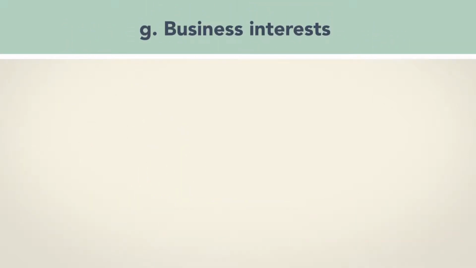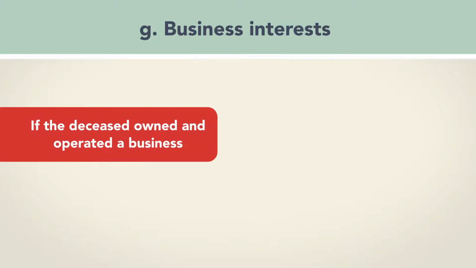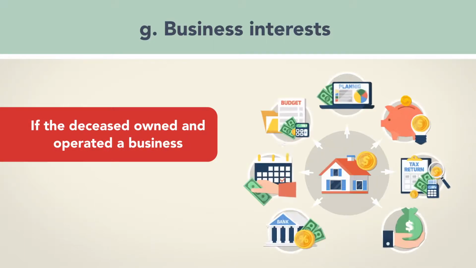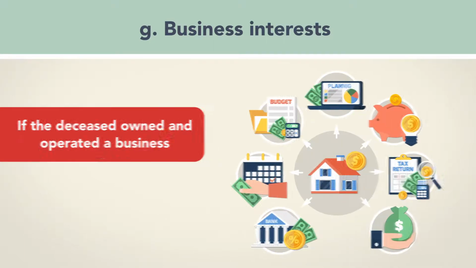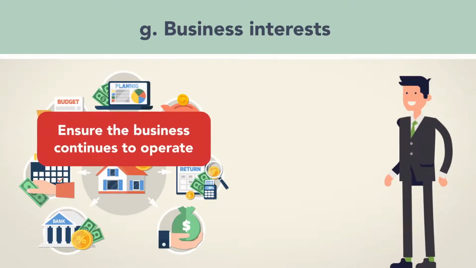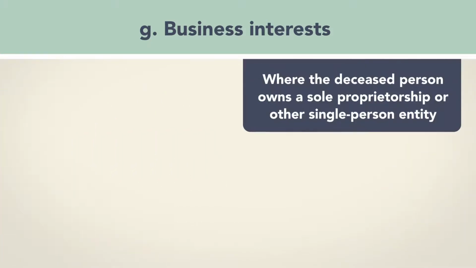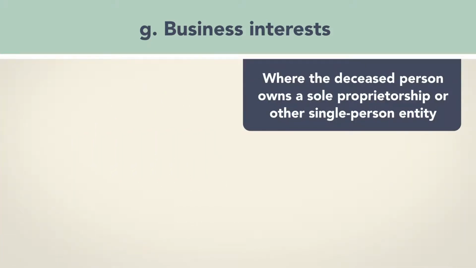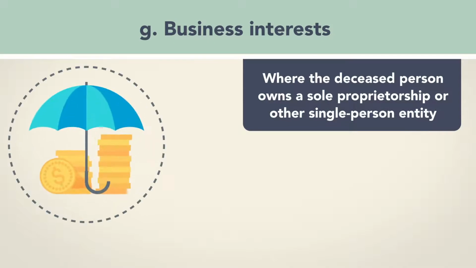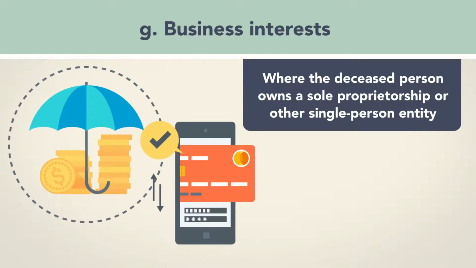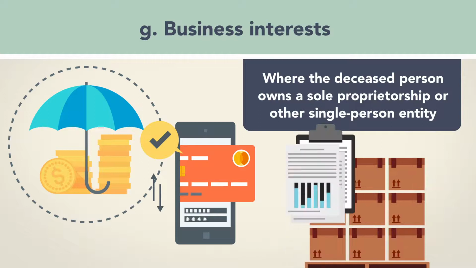G. Business interests. If the deceased owned and operated a business, that business interest may become part of the estate, requiring the executor to either ensure the business continues to operate or wrap up the business concern in an appropriate way. For example, where the deceased person owns a sole proprietorship or other single-person entity, sales may need to be fulfilled, accounts receivable collected, and inventory paid for or sold.